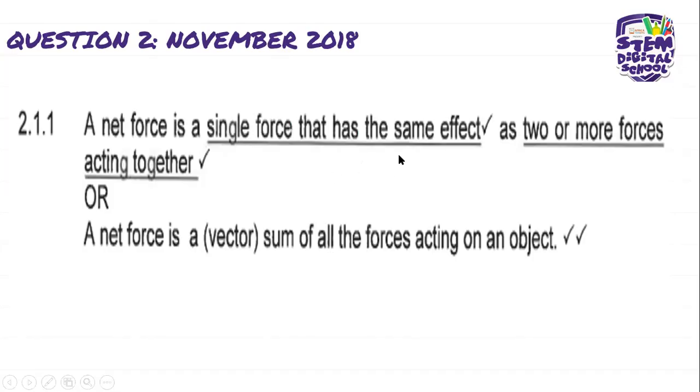Remember, merely reading a definition is not really going to help you if you don't understand it. So, when there are many forces acting on an object, there is an ultimate force that the object is actually feeling. The ultimate force that the object is experiencing.